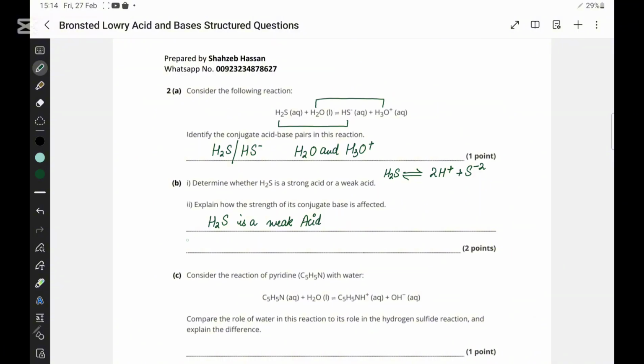Just remember there is a rule: HS minus is the conjugate base of a weak acid. Always remember the conjugate base of a weak acid is relatively strong.